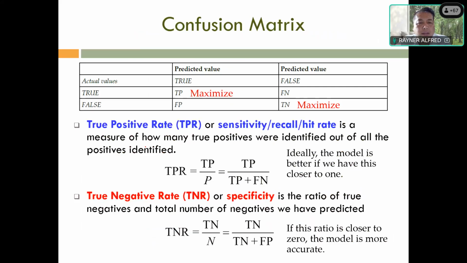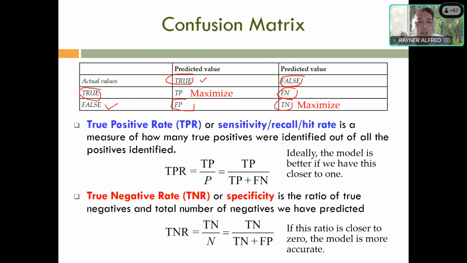Okay. Remember just now we have true positive, false negative, false positive, and so on. If your actual value is true and you also predict true, this is true positive. If your actual value is true but you predict false, then this is false negative. If your sample is false but you predict true, this is false positive. And the other one is true negative.